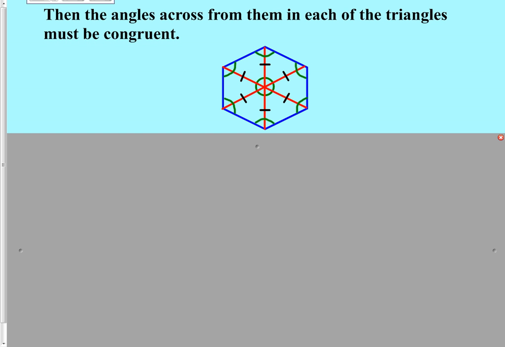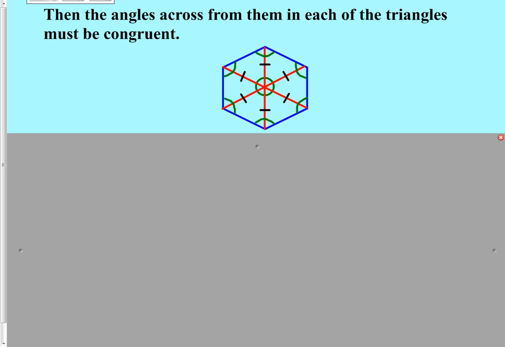Now, each of these triangles is an isosceles triangle. 2 sides are definitely the same because of the radii all being congruent. If 2 sides of the triangle are congruent, then the 2 angles across from those congruent radii will be congruent also.